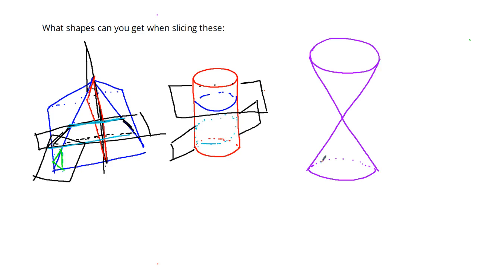It won't be a circle, right? I'm bad at drawing, so there you go. Or you can have the plane cut like this, which will give you a rectangle. So circle, ellipse, or rectangle.